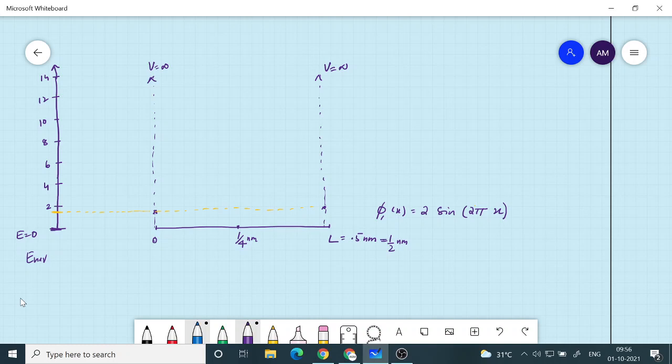At 1 by 4 nanometer, if x is equal to 1 by 4, then it will be sine pi by 2, that will be the maximum, where you will have an amplitude of 2. So if I draw this, you will have something like this. Okay, so it's like a half period of a sine wave.